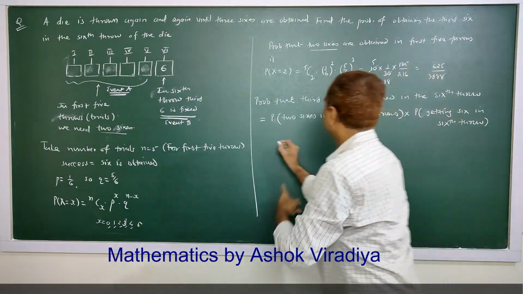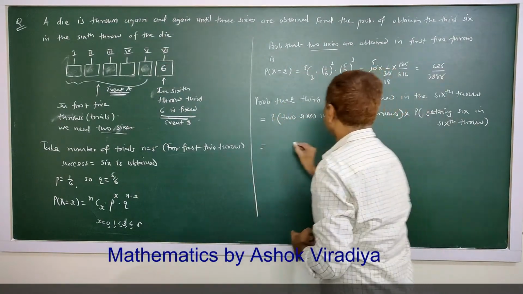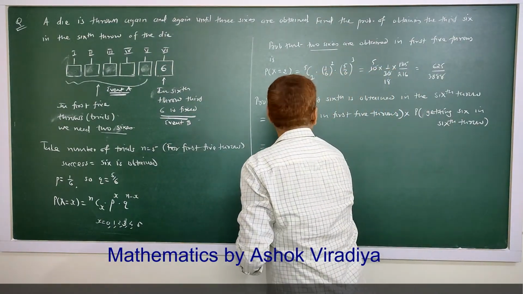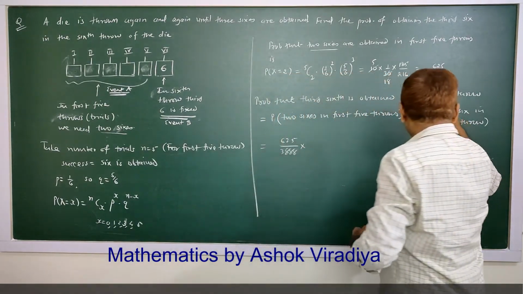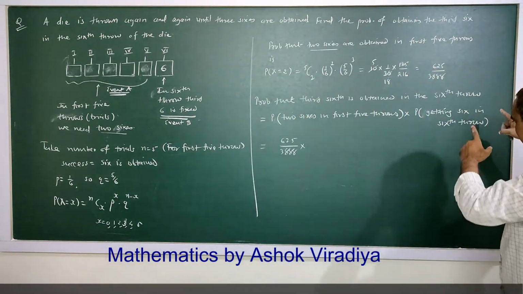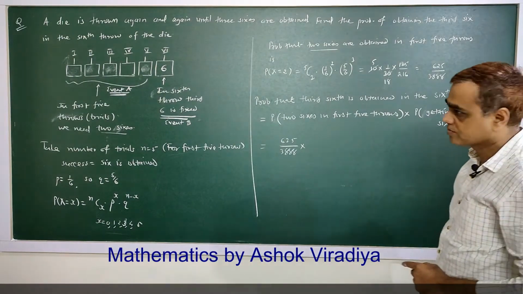Now this probability we have found, this is 625 upon 3888, into the probability of getting 6 in the 6th throw.